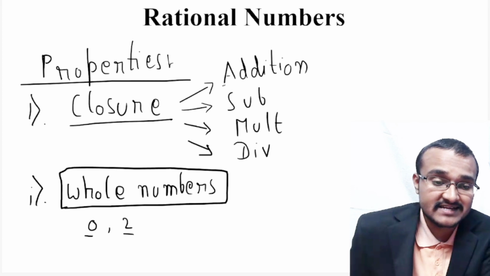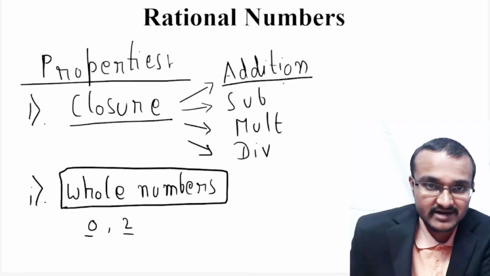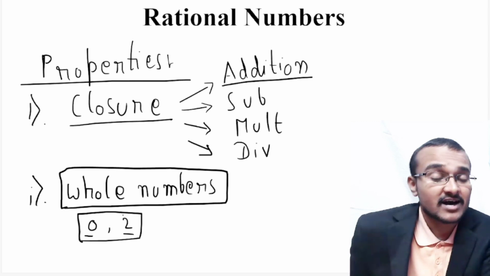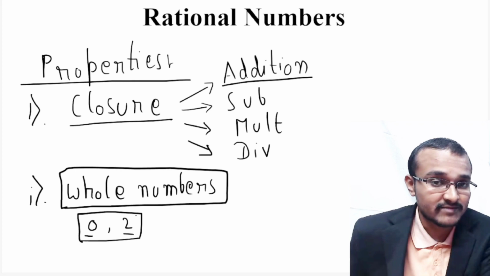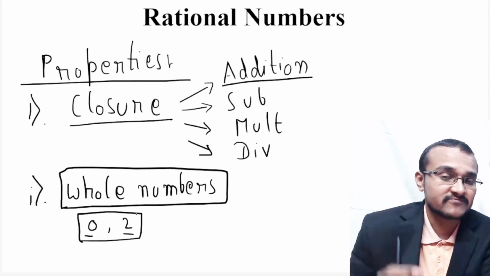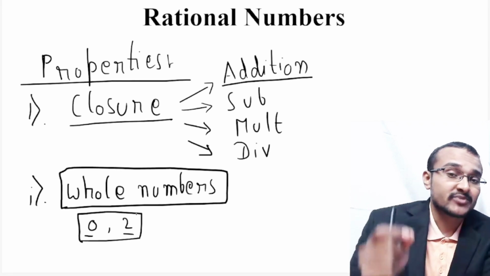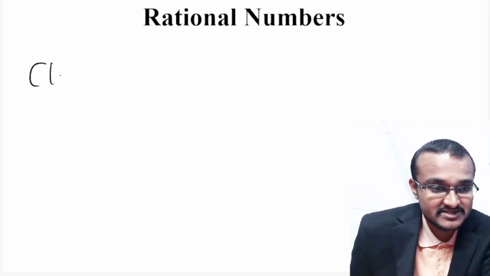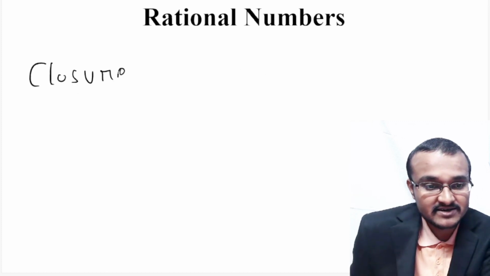If we are testing the closure property of addition, then even after adding these two whole numbers, we should get a whole number. Only then will closure property under addition be satisfied. So I'll write here closure property under addition.